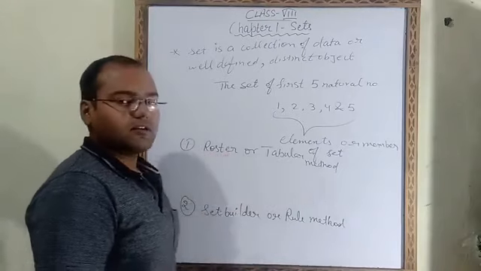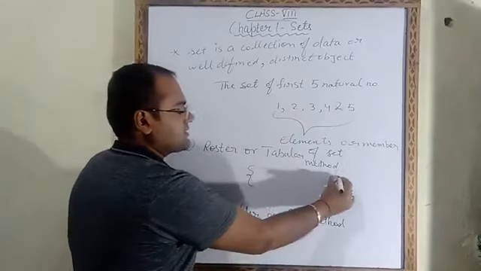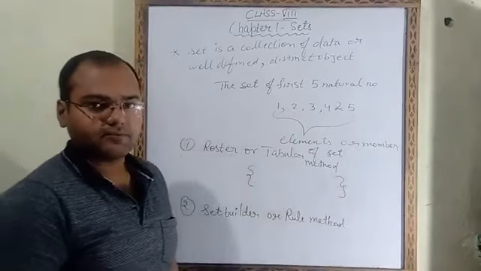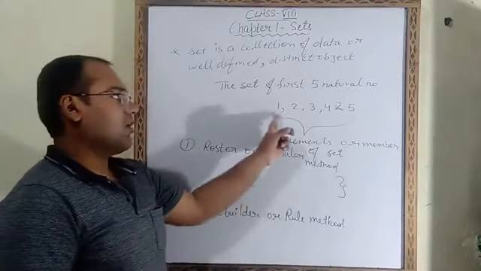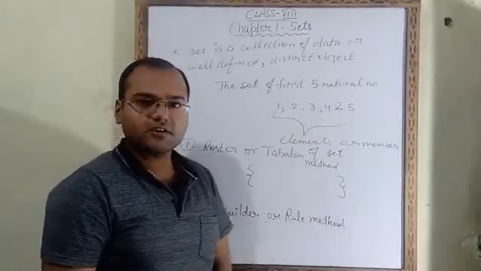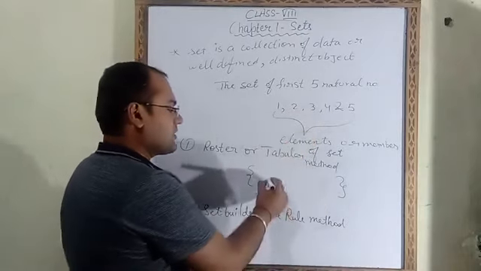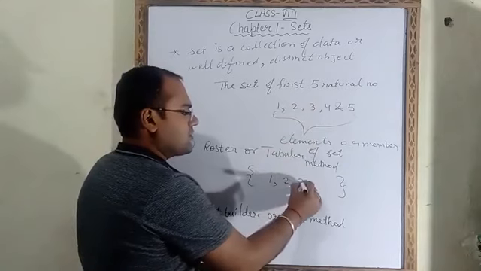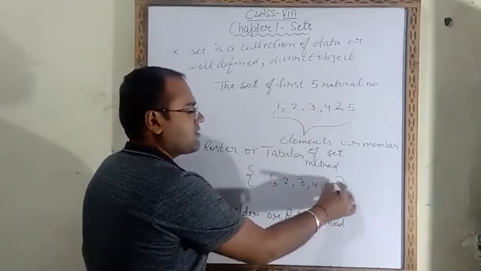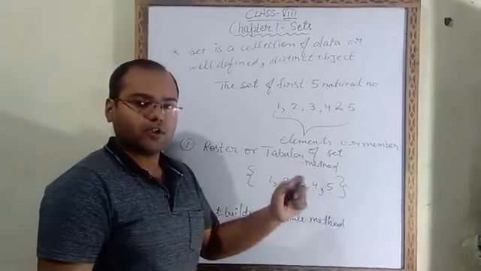In this method we have to represent all the members in the braces. Braces means bracket. All the elements of the set we have to represent in braces, and we have to separate each number with the help of commas. 1, 2, 3, 4 and 5. So such method is called roster or tabular method.